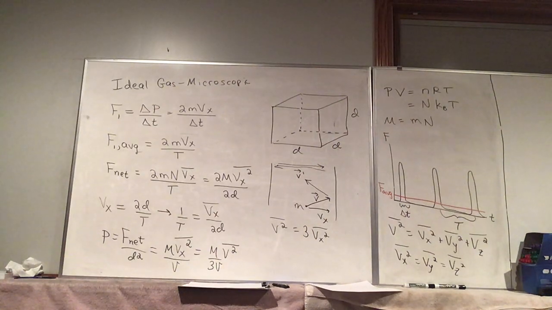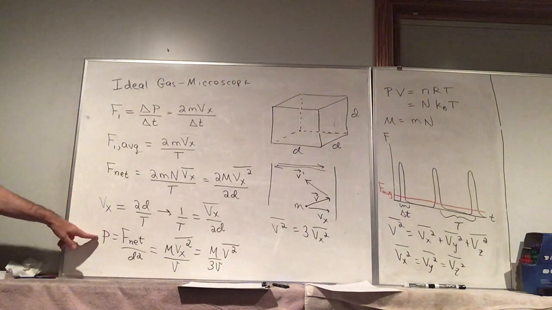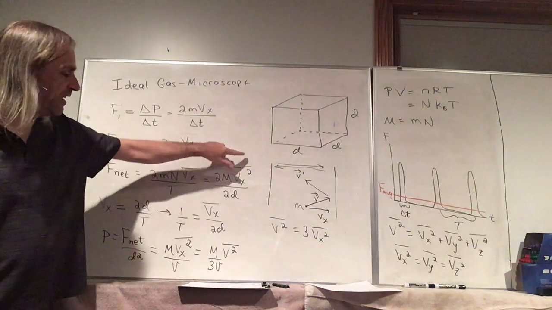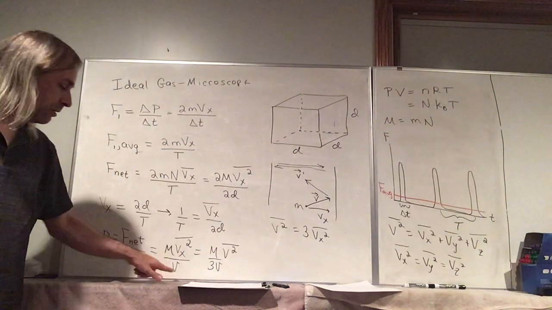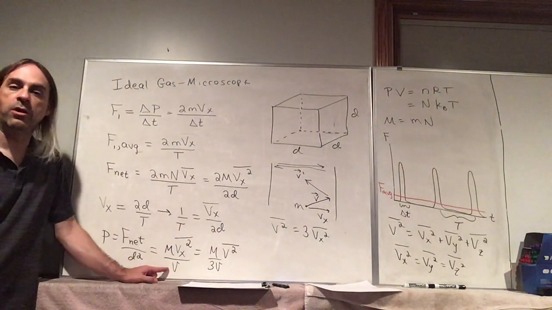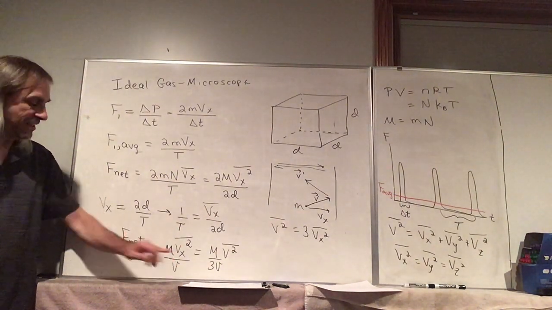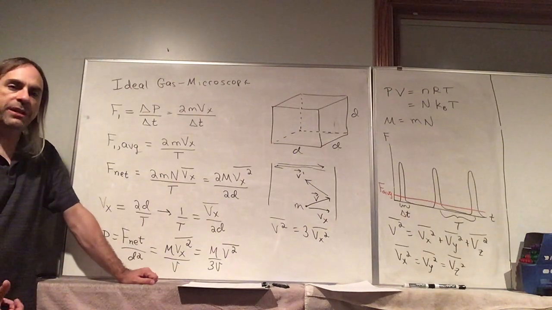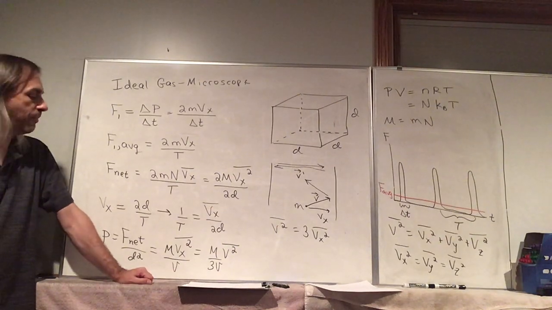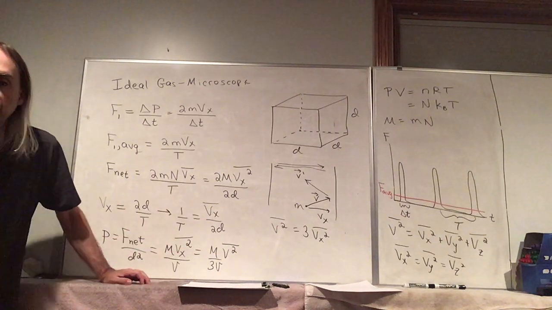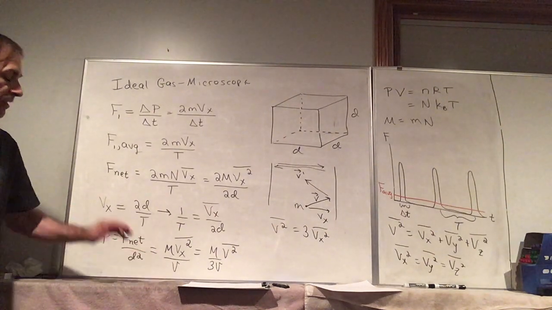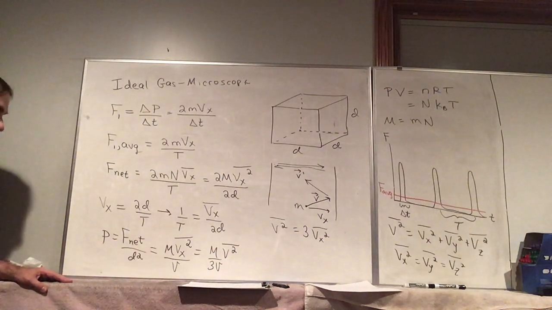Sorry about that. When we went to pressure and crossed out these 2's, we had mvx squared over d cubed, and d cubed is the volume. Now I'm writing volume a little differently, with a tail at the end, because we have two v's here. We use a lowercase v for velocity and an uppercase V for volume. It's hard to distinguish them when I'm writing them, just based on size. So I'm drawing the volume in a particular way.